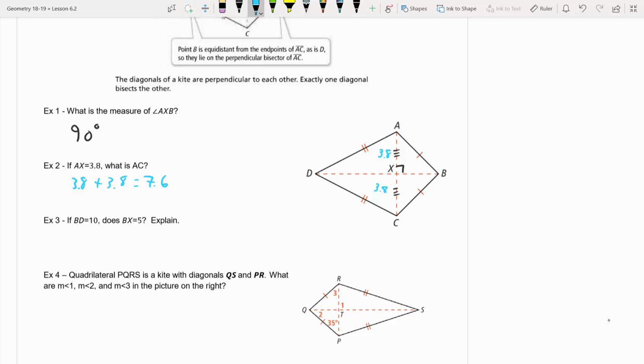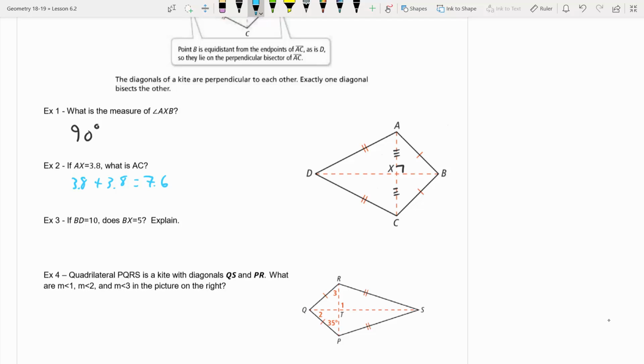Okay, now if we look at our third example here, I'm going to take out this other stuff just to give us some freedom here. They said if the length of BD was 10, does BX equal 5? So they're telling us the whole length here is 10. And if we look closely at the picture, we knew we had one perpendicular bisector, that AX and XC were split.